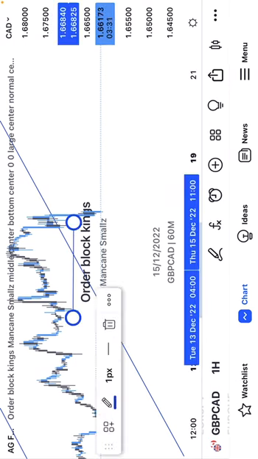So since it's like this on GBPCAD, I'm expecting the market to come back to this demand here.